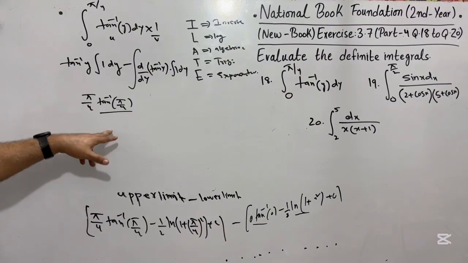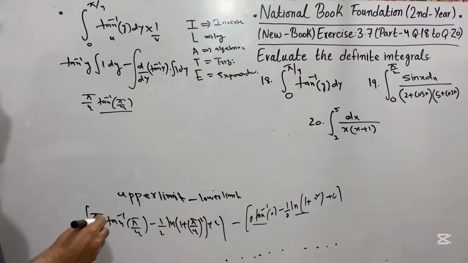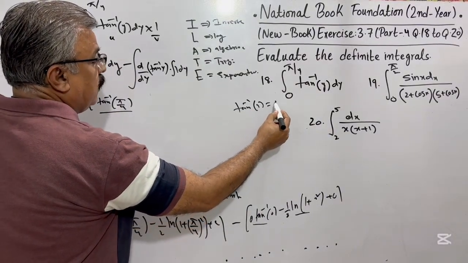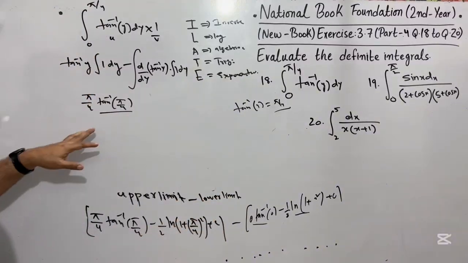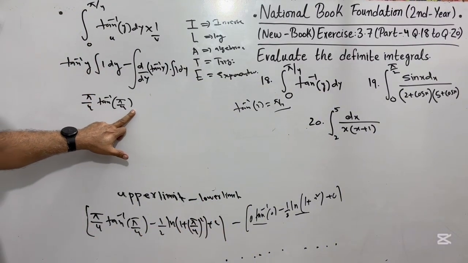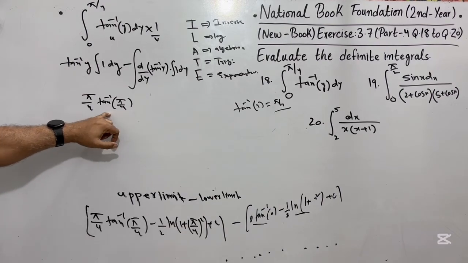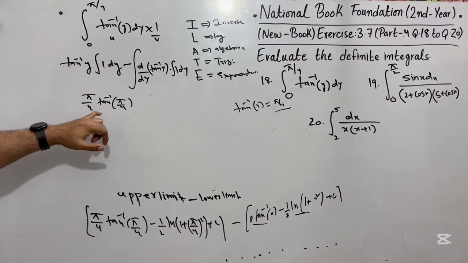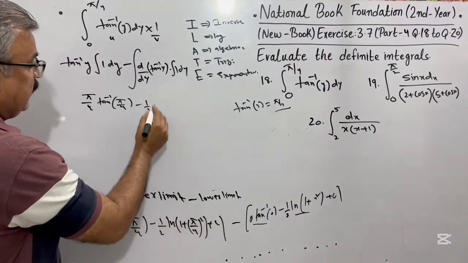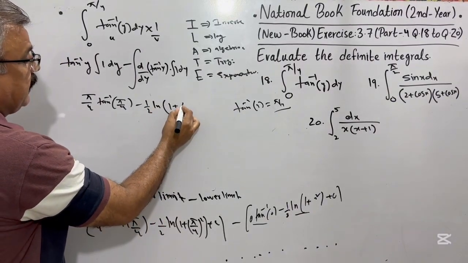No, no. Tan inverse of 1 is equal to pi upon 4, or 45 degrees. That is not tan inverse of pi upon 4. Some sort of digital calculator has to be utilized here to get the result, minus 1 over 2 ln, square of pi is pi square.